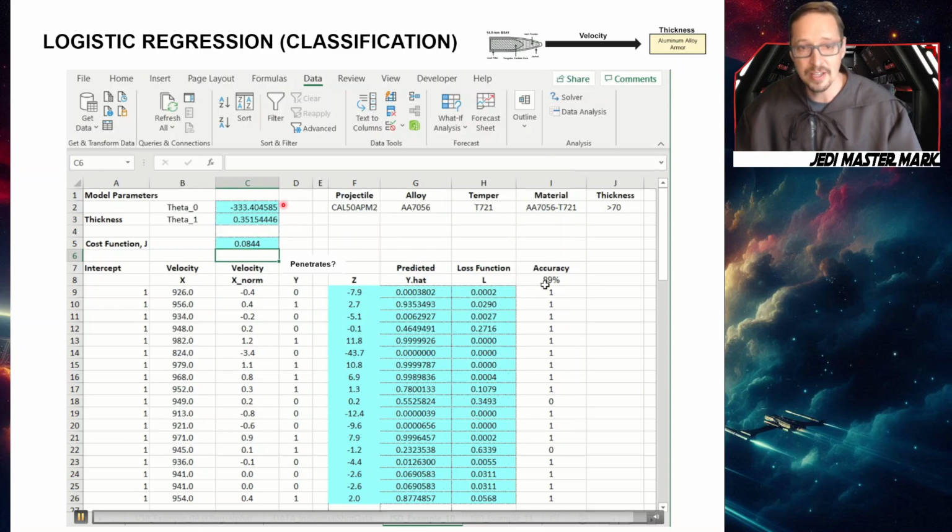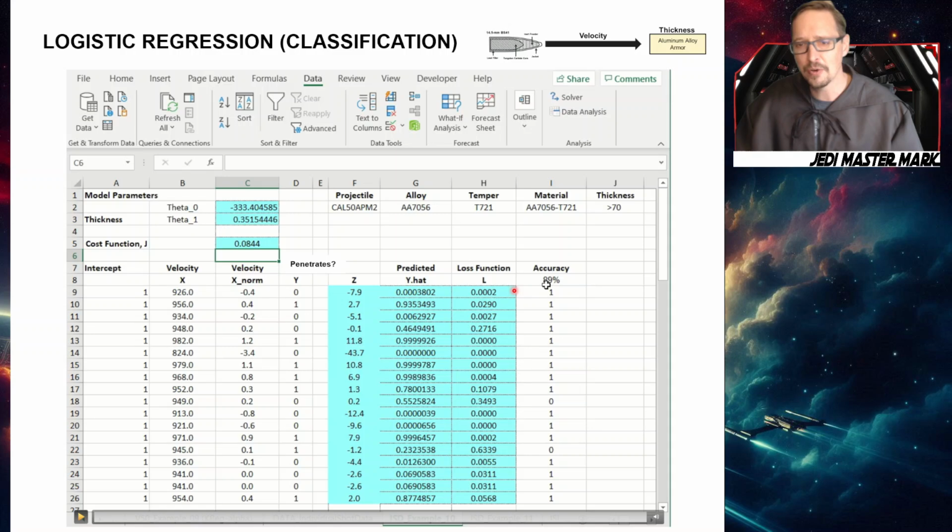And you can see now, the theta values have changed. Our accuracy is actually 89%. You can see that it's capturing a lot of them very well. So all the ones means that it predicts either penetration or stop the same as the actual y column.